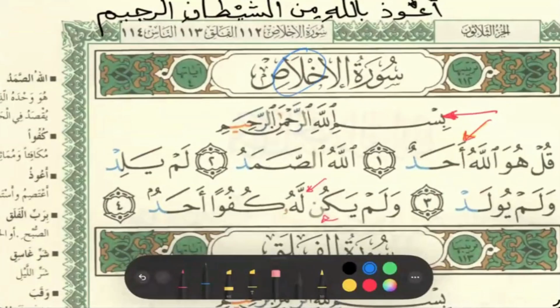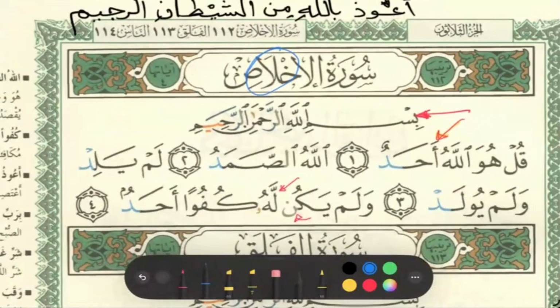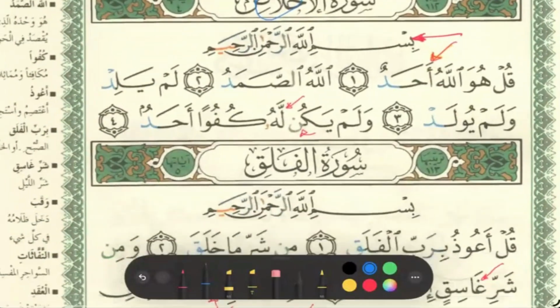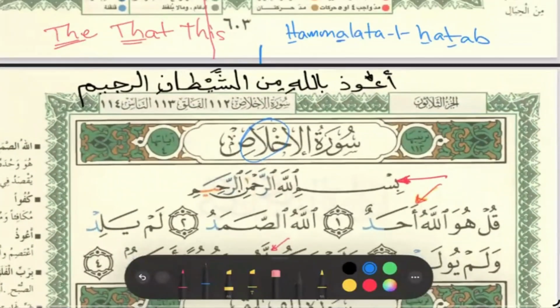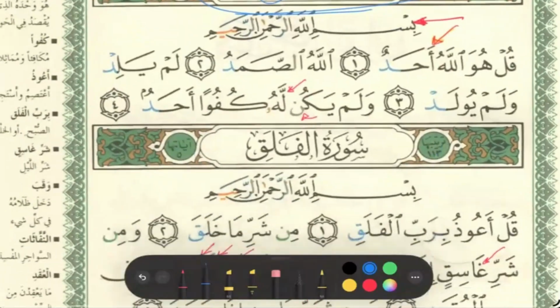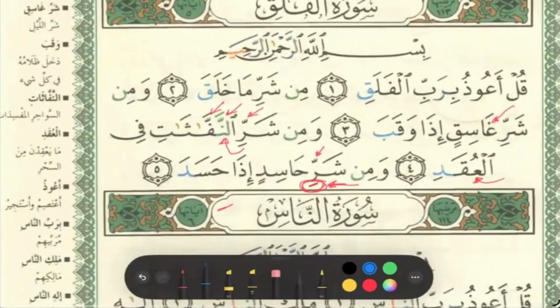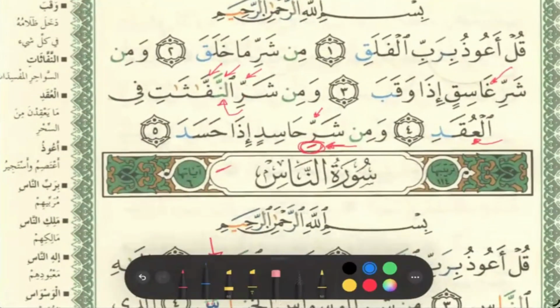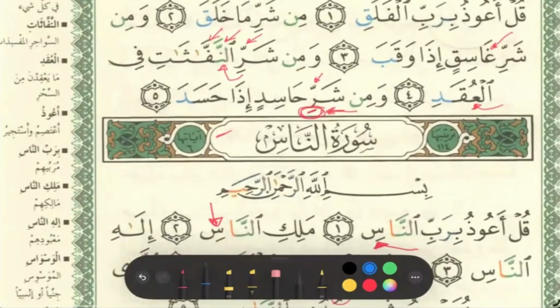Here's that lam alif, but it's connected. And that's a different handwriting style too. Inside this title here, all this, that's a different handwriting style from what's actually in the surah. It has a different name.